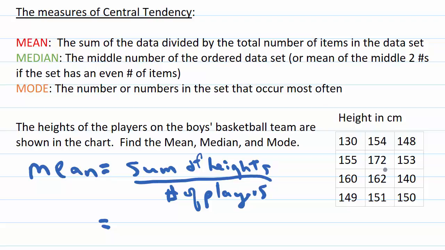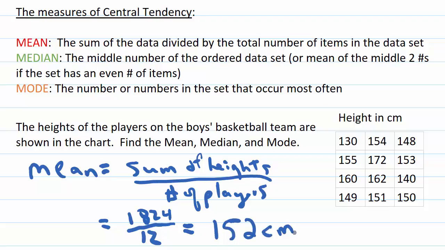You add all those up. I'm assuming you did that already. Well done. And you probably got the same thing I did, 1,824. And you divide that by the total number of players. There are 12 players, and it works out to be the average height of the players is 152 centimeters. So the mean height is 152 centimeters.